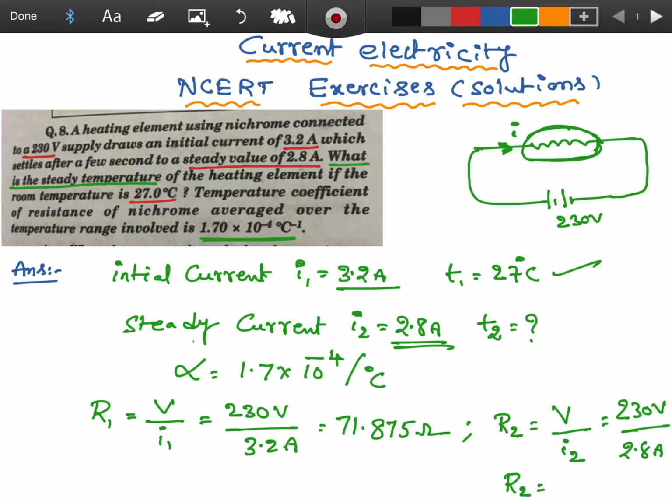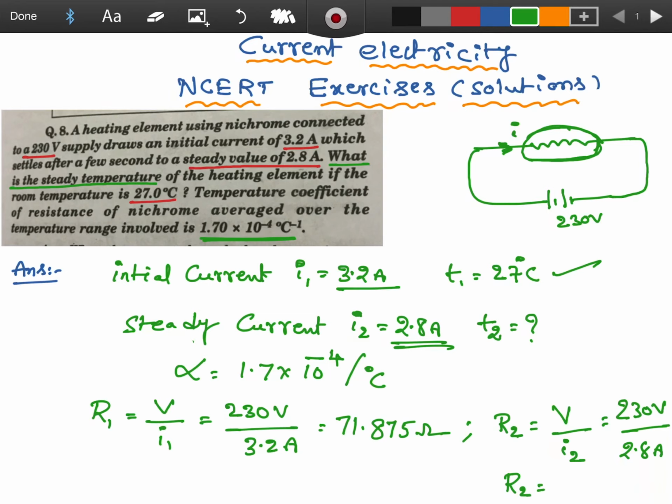Initially it is at room temperature T1, 27 degrees Celsius, and we need to find the steady state temperature. Also given is the temperature coefficient of the resistor, 1.7 into 10 power minus 4 per degree Celsius.